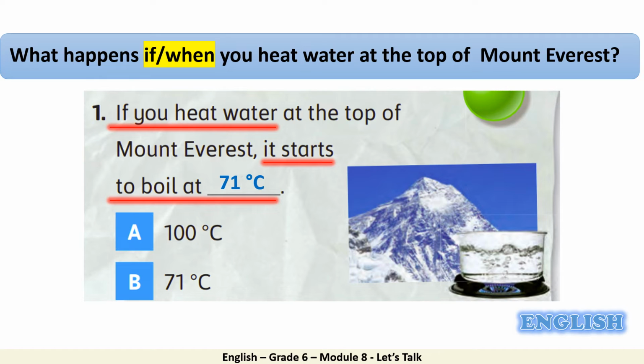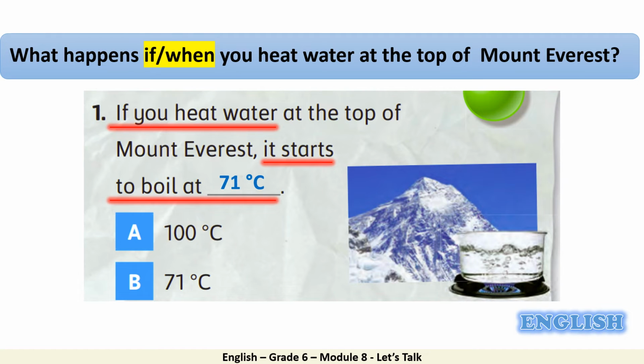Then we have the second clause starting from it starts to boil at 71 degrees Celsius. Guys, this is a reality. This is a general truth. Note here that we have used the present simple in the first part, in the if clause. If you heat, the verb heat is in the present, and in the main clause, it starts, the verb start is in the present too.